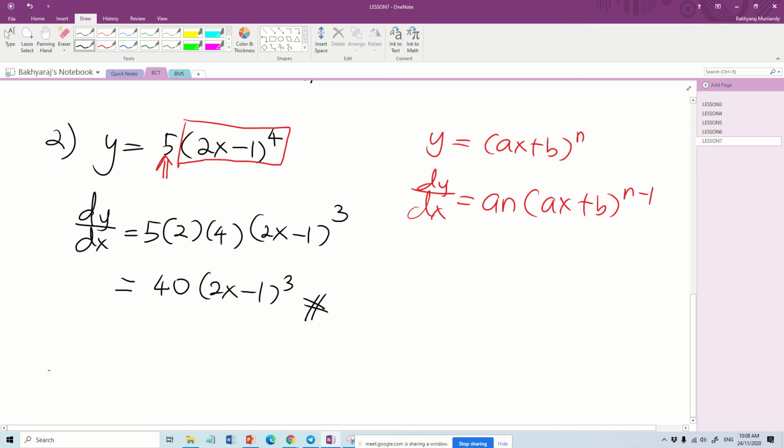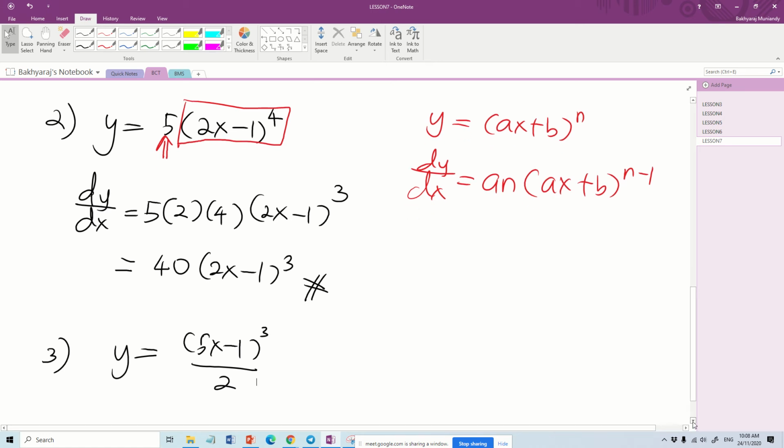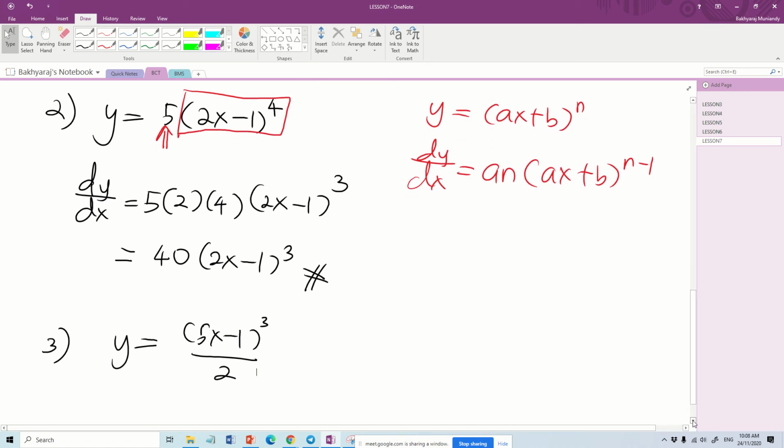Question number 3: y equals (5x minus 1) to the power of 3 divided by 2. Which one saya nak buat ni? Now I'm having a constant fraction lah. Sekarang saya ada fraction.